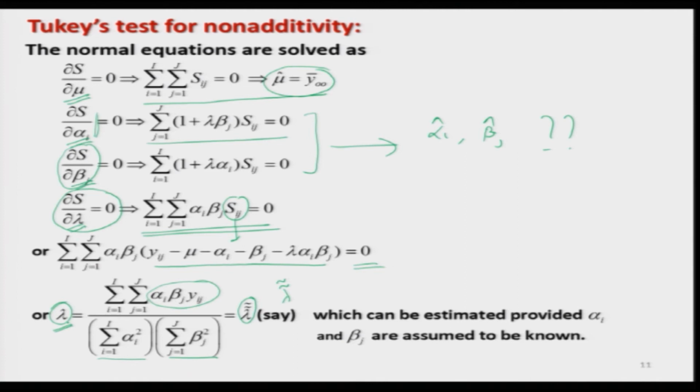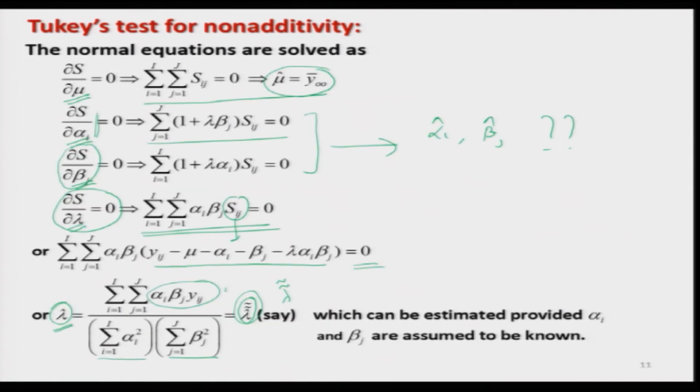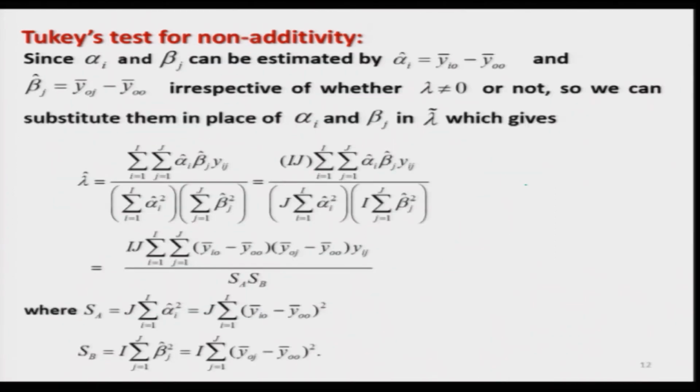Right. So, lambda is that value indicated by lambda double tilde, which is obtainable only when alpha_i and beta_j are known to us. But alpha_i and beta_j are not known to us, because you cannot estimate them from here. So, now we have a solution.